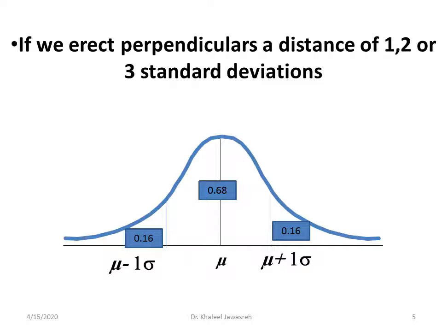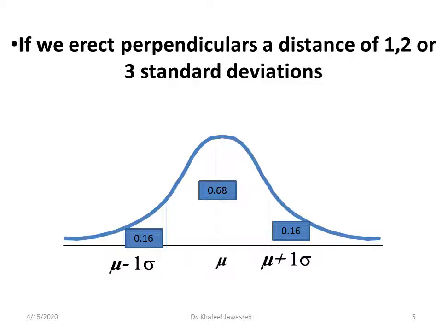So now, if we erect perpendiculars at a distance of 1, 2, or 3 standard deviations, what will happen to the surface area below the curve? As you see here, if we move just 1 standard deviation unit, and given that the surface area below the curve is just 1, the mean equal to 0 and sigma equal to 1.